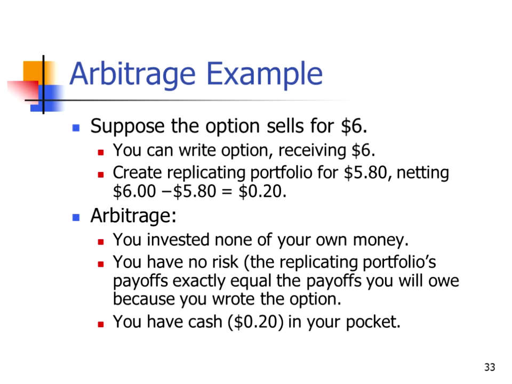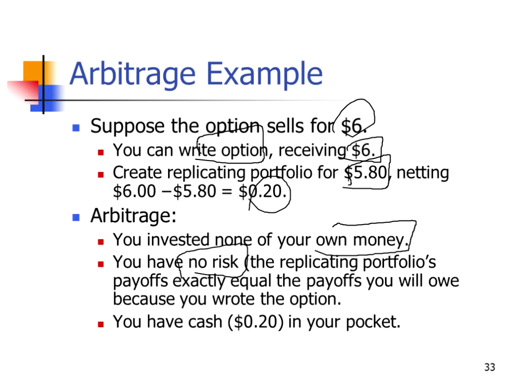So, arbitrage example: suppose the option sells for $6. You can write the option, receive $6, create a replicating portfolio for 5.80, netting 20 cents. Any money is good money. You invested none of your own money, right? You have no risk.